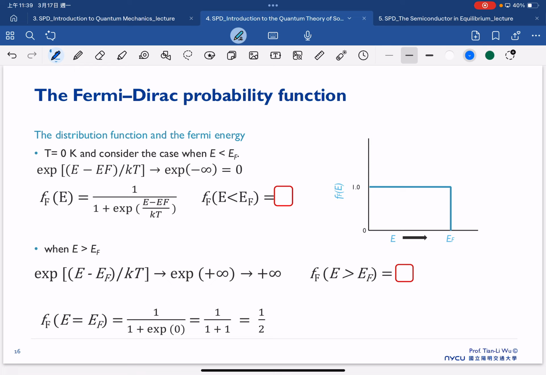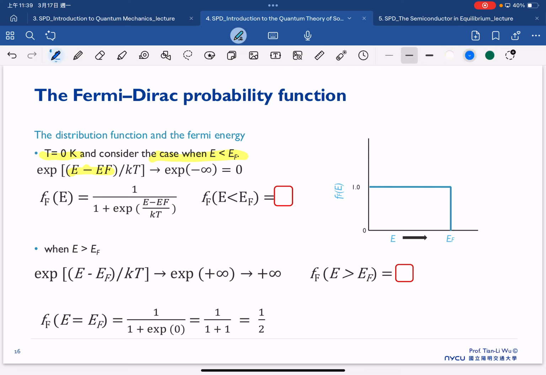The first case is if we consider T equal to 0 K, and the case when the energy is smaller than E_F. This is the region where E is smaller than E_F. So in the exponential of (E minus E_F), since E is smaller than E_F, this approaches exponential of minus infinity, which is equal to 0.